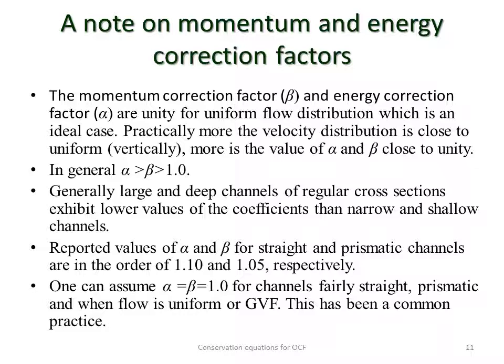Normally the typical values of them are always greater than unity. So typically the value of the kinetic energy correction factor alpha is greater than the momentum correction factor beta, which is greater than 1.